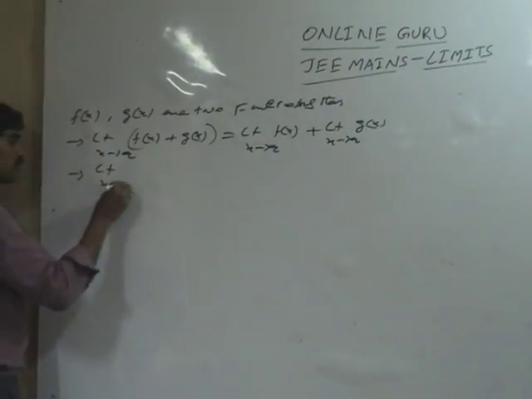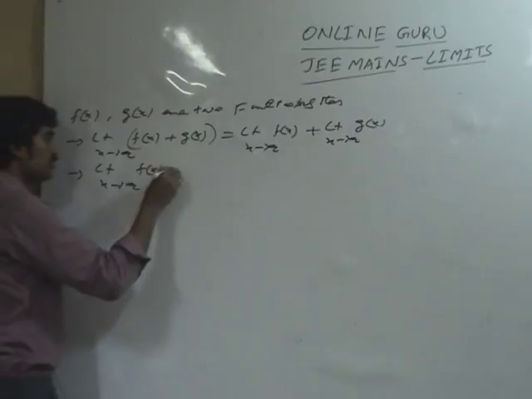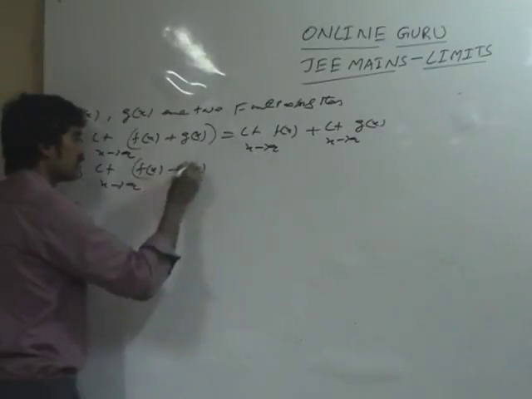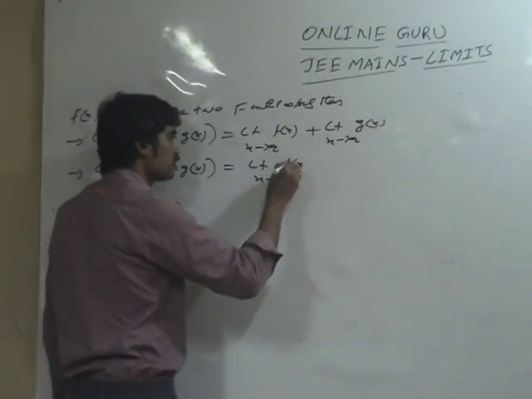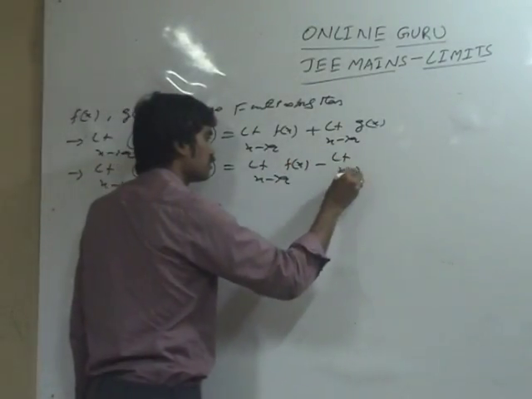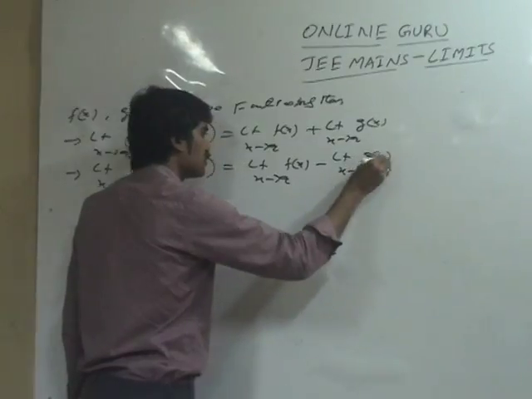Limit x tends to a f of x minus g of x equals limit x tends to a f of x minus limit x tends to a g of x.